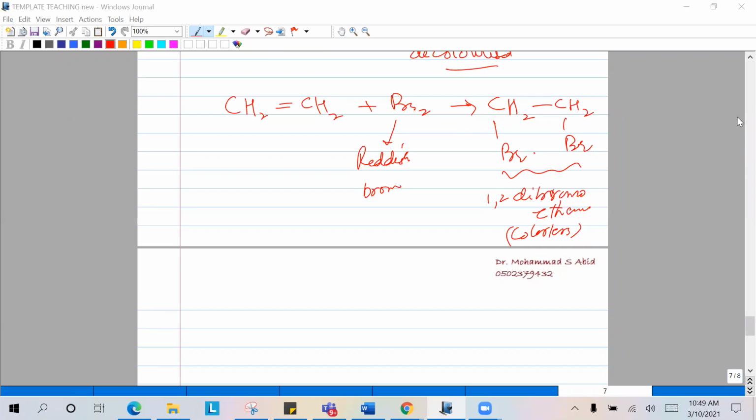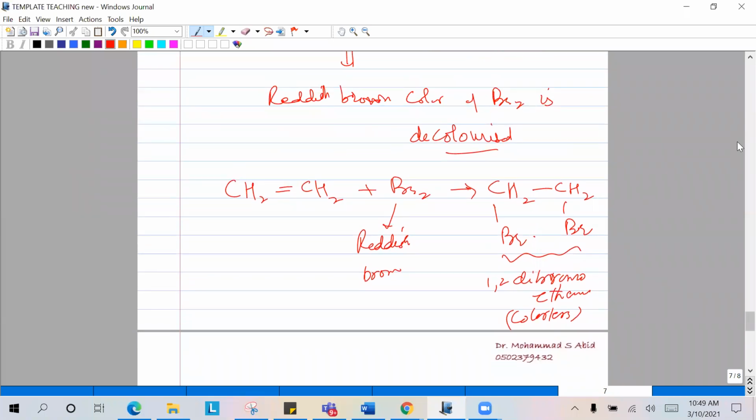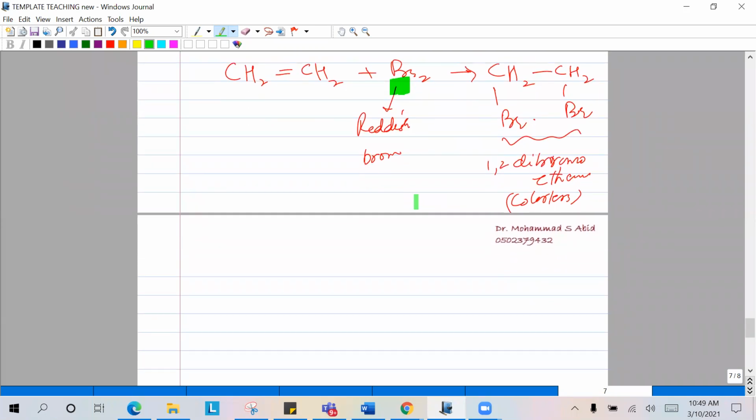Now the next thing is the test for the halides. So remember, before you were testing for halogens. This is Br2, which is a halogen. Then chlorine. All those things are halogens. Now we are talking about testing for halides.